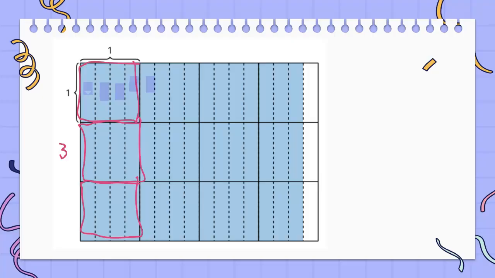So 5, 6, 7, 8, 9, 10, 11, 12, 13, 14, and 15. So this whole section right here has 15 thirds.